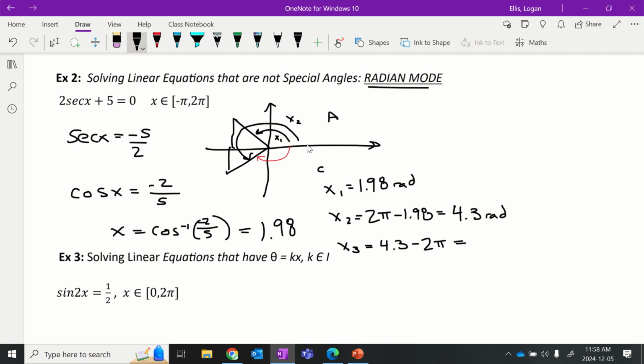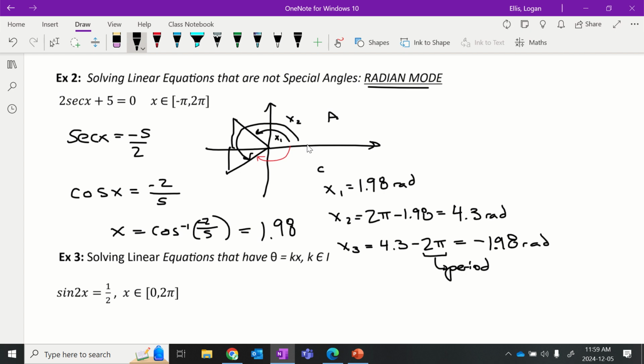Because we're always subtracting the period, and the period of cos is 2 pi. You'll need to know that later because sometimes the period changes, for example, sine 2x. So 4.3 minus 2 pi, you're going to get negative 1.98. Sorry, we're going to go 1.98 rad.